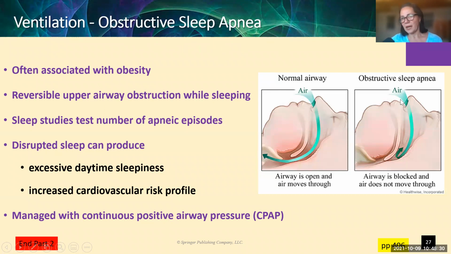And so what happens is you get kind of a collapse of this airway, a relaxation of the airway so that air can't push through here. And when I said it's associated with obesity, those of us who are carrying some more adipose tissue, there's more pressure around here, so it's easier to get a collapse. It's reversible because the patient can change positions.